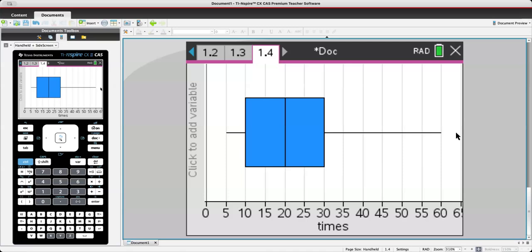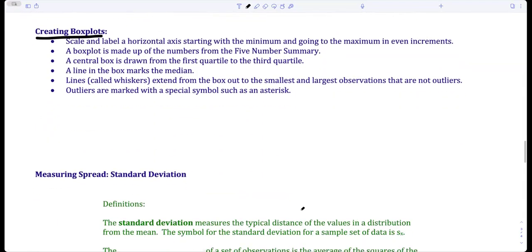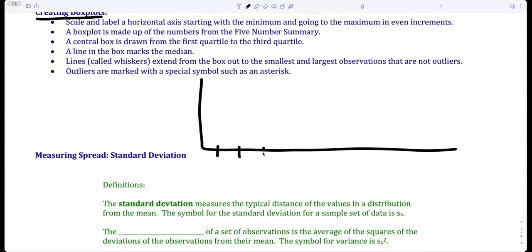Okay, let's go back to the notes here and graph the box plot. I am going to do this by hand. We're going to scale this.